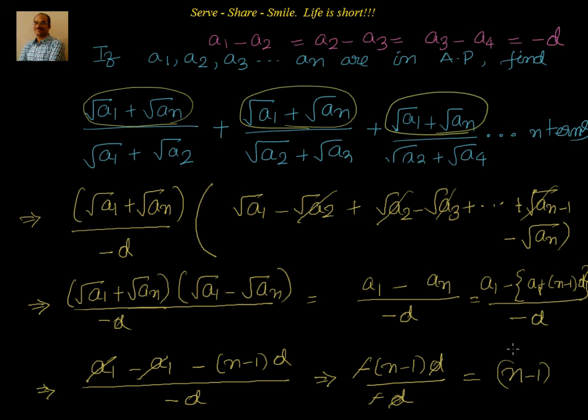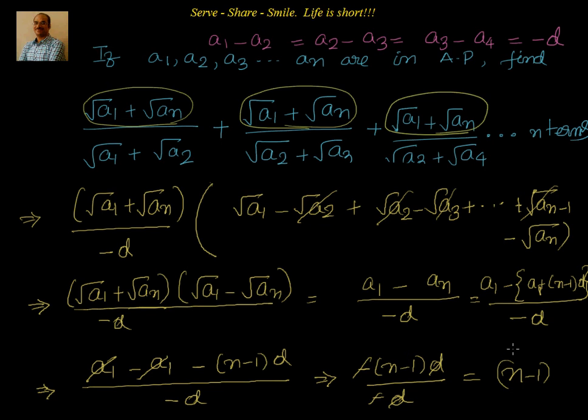So this is one interesting example which I thought of sharing with you, as one of the students from FITSI asked me this question. It is about if a1, a2, a3, an are in arithmetic progression, then find the value of the sum of root of a1 plus an by root of a1 plus a2, like that for n terms. Our approach is two steps.